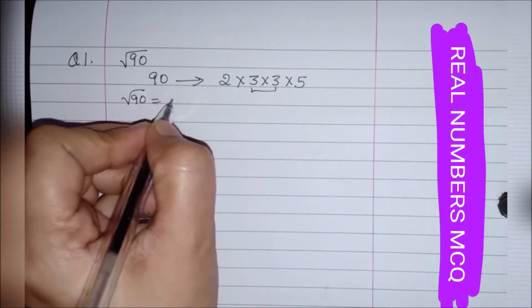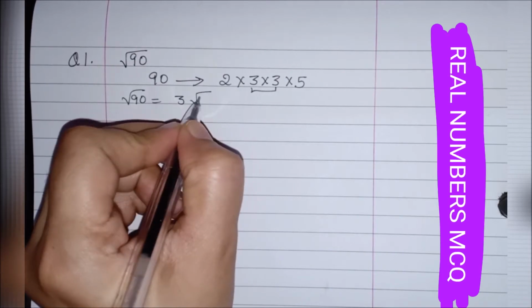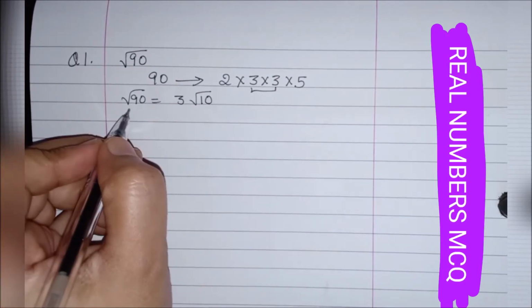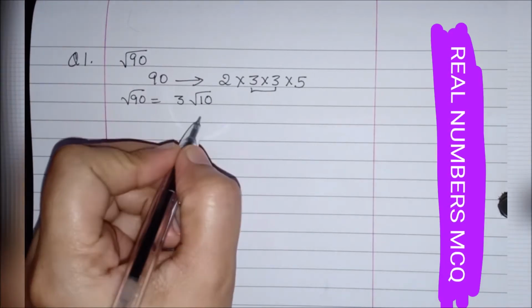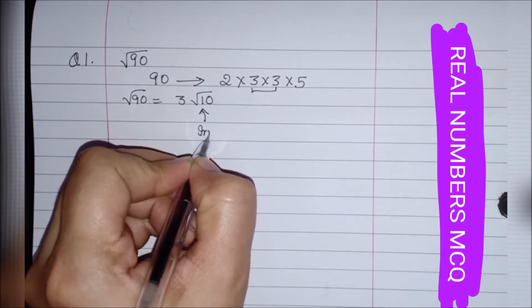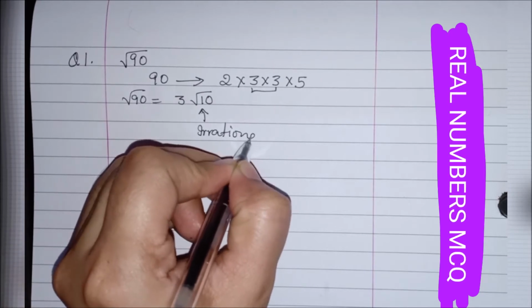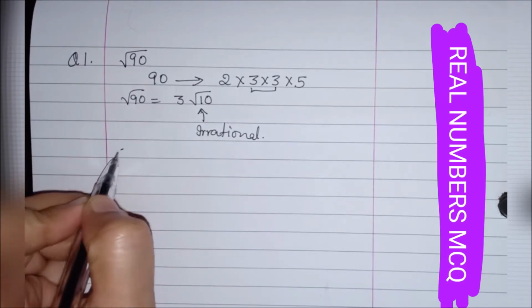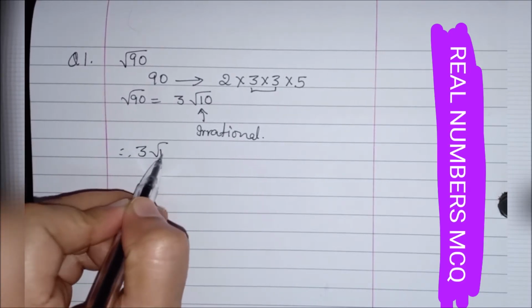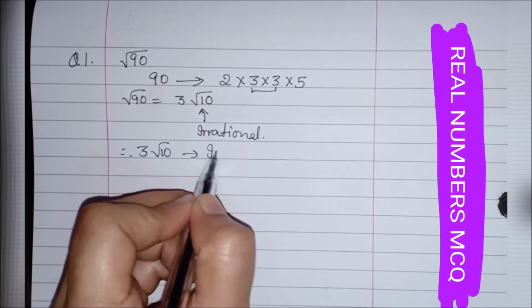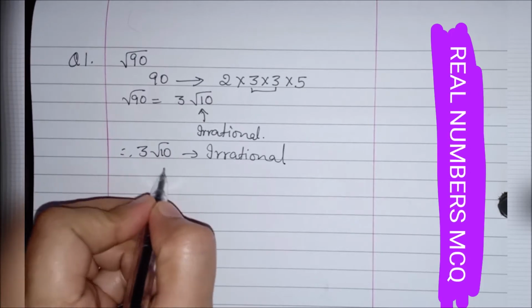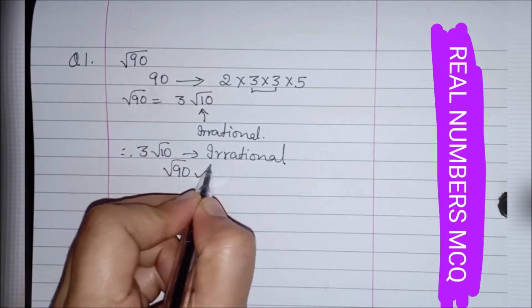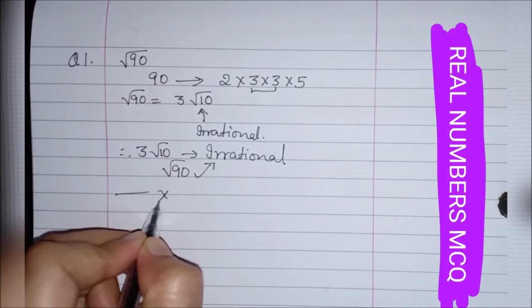Now root 90 will be 3 root 10, as 3 will come out of the root sign since it is a perfect square. Now you know that root 10 is an irrational number. So we get that 3 root 10 is an irrational number. So the answer is root 90 is an irrational number.